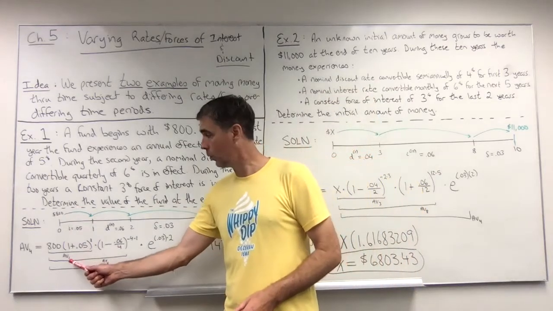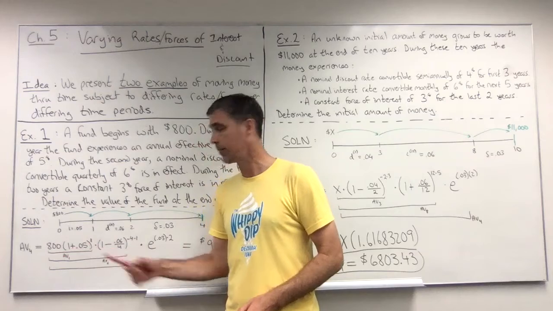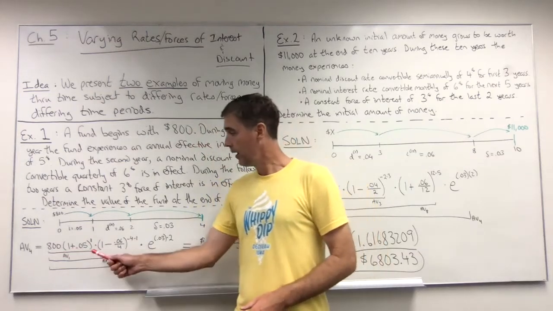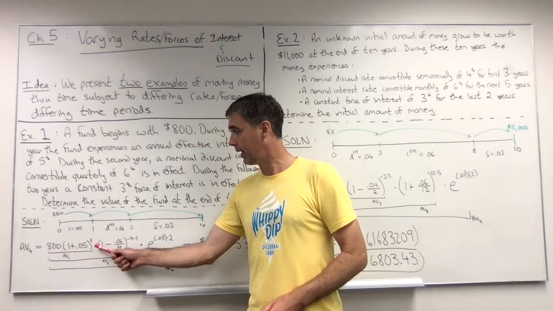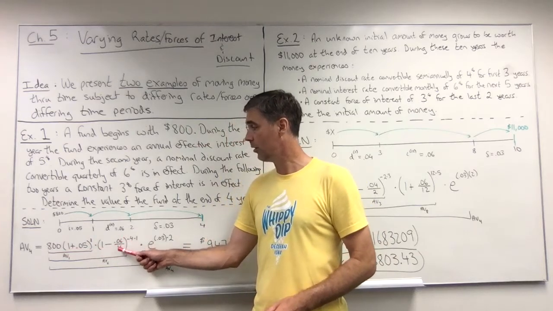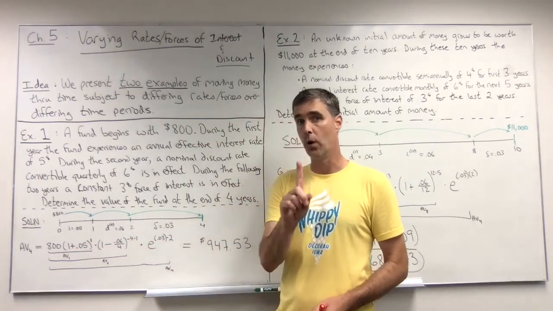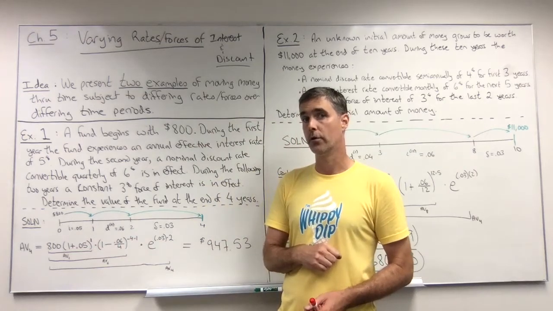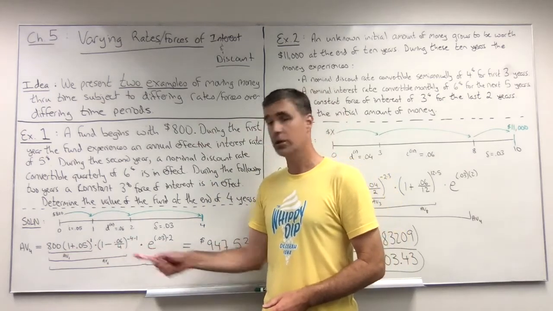So here's AV1, $800 times 1 plus i to the first power. To get to AV2, I'm going to multiply AV1 by 1 minus d4 over 4 to the negative 4 times 1, pushing forward 1 year at a nominal quarterly discount rate of 6%. So that gets me up to time 2.